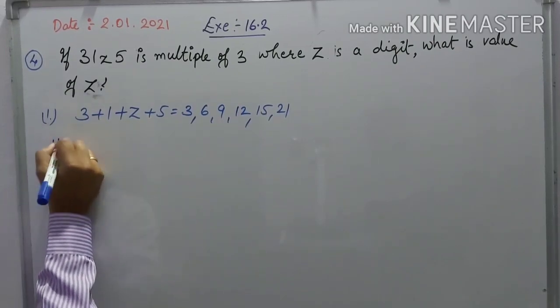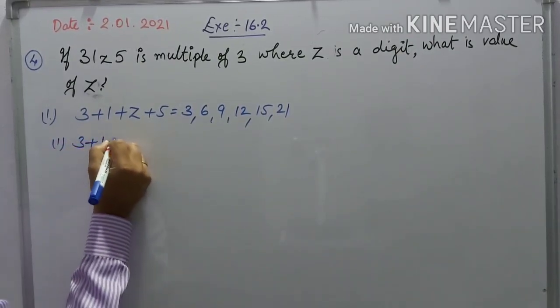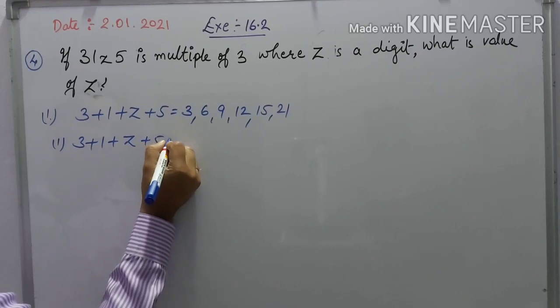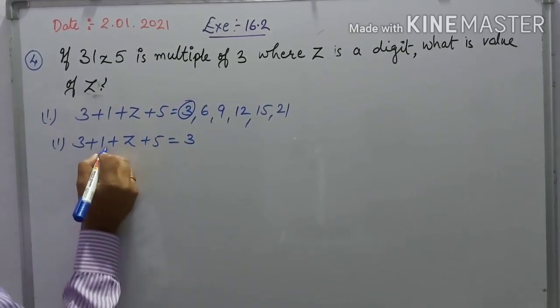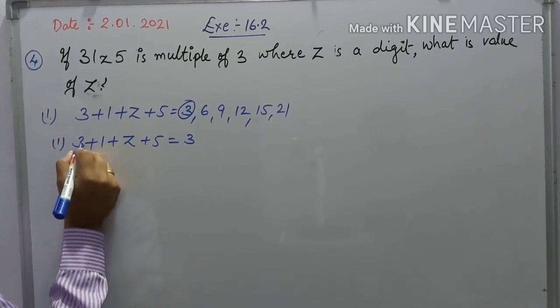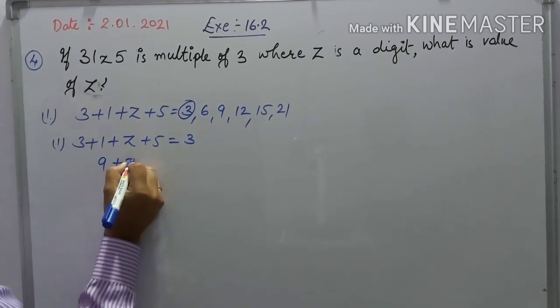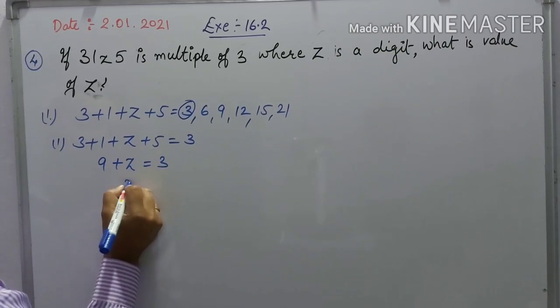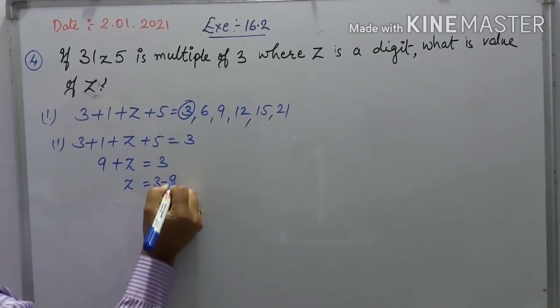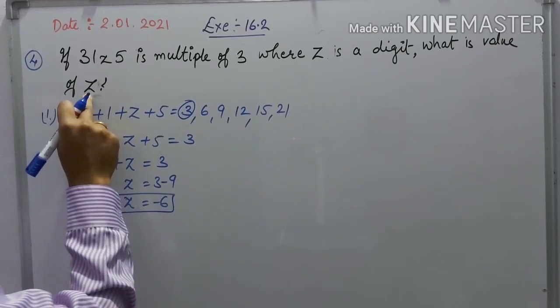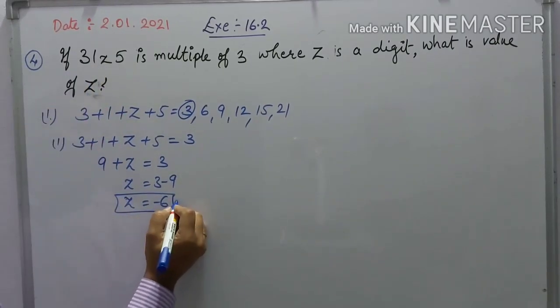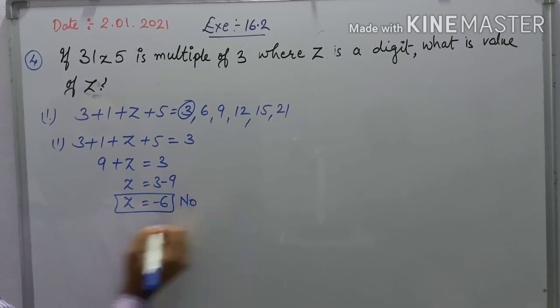First we choose 3. The 5 and 1 make 6, 7, 8, 9, so 9 plus z is equal to 3. So z is equal to 3 minus 9, and z is equal to minus 6. But here z must be a positive number and minus 6 is a negative number, so this is cancelled.